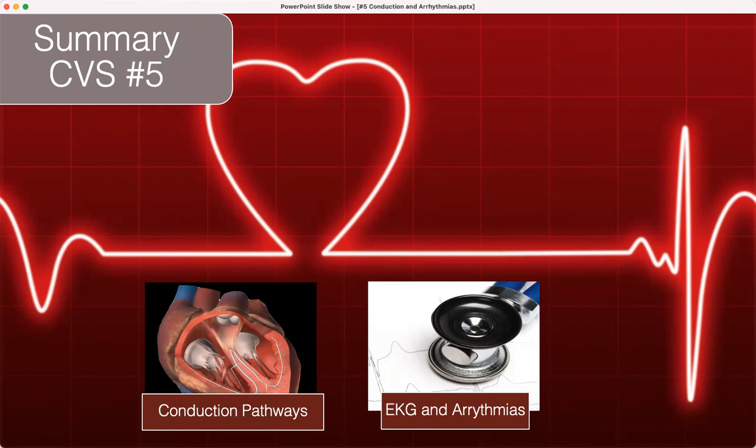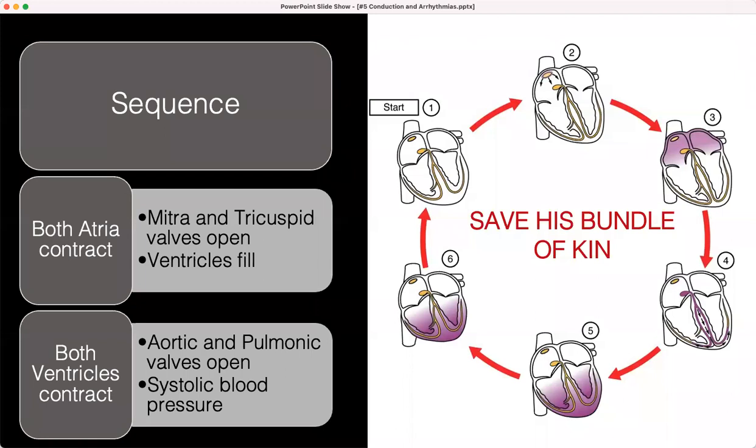So in summary, the conduction pathways we've discussed, and EKGs and the heart arrhythmias. And the sequence going through were including the SA node, AV node, the bundle of His, the Purkinje fibers, and lastly, those intercalated discs. And remember, both atria contract at the same time.